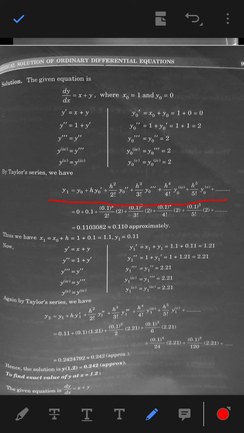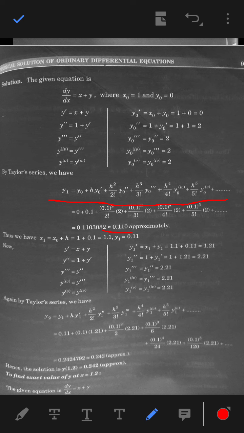So we put these values in this formula, and after calculation we find that the value of y1 comes out to be 0.110, and we have approximated this value.